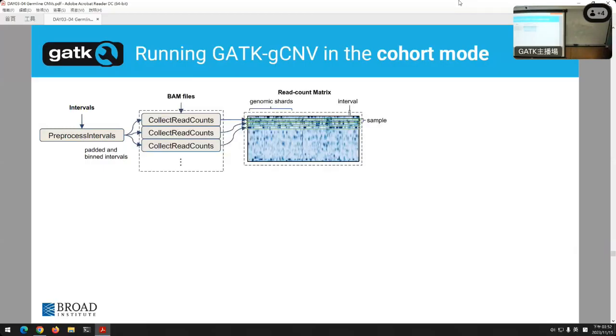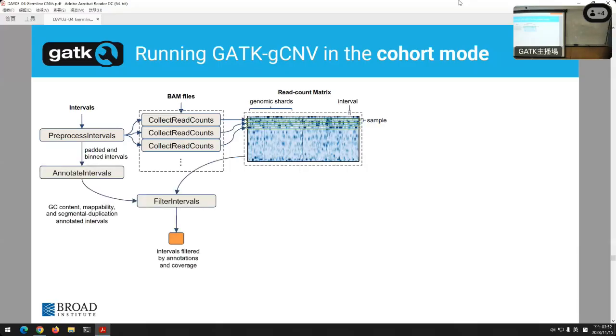Then we run collect read counts on each of our BAM files, and that will give us our read count matrix that shows us the read depth at every interval for every sample. Then we go back to our intervals list. We annotate it with the GC content, mappability, and whether that region is a segmental duplication.